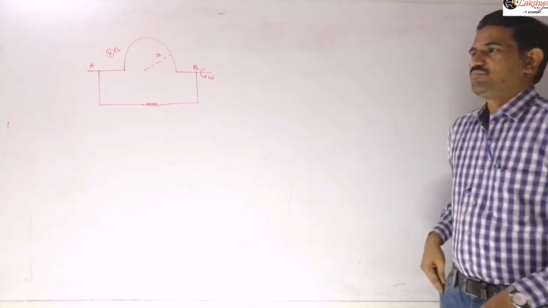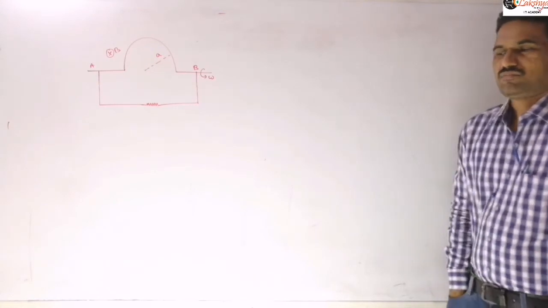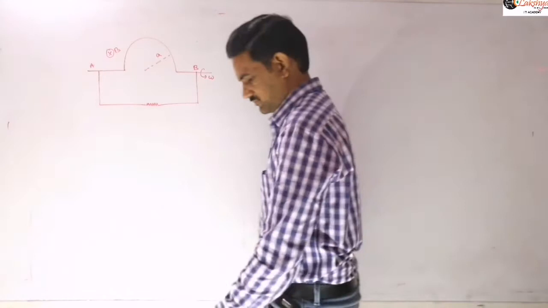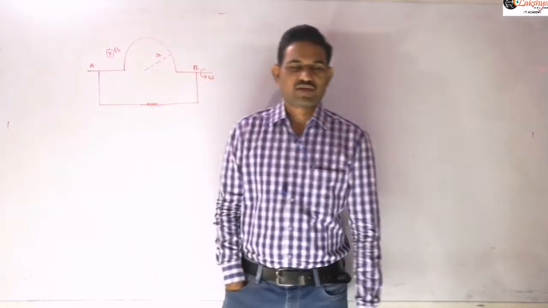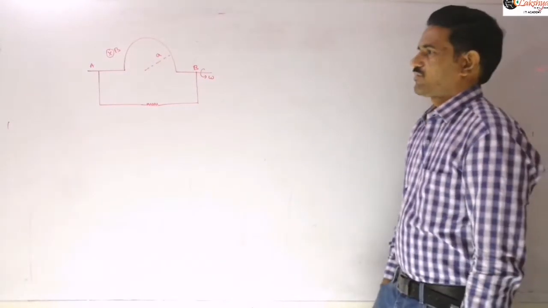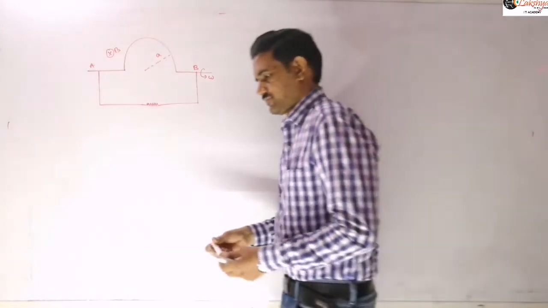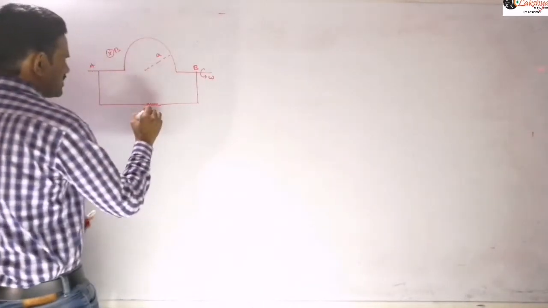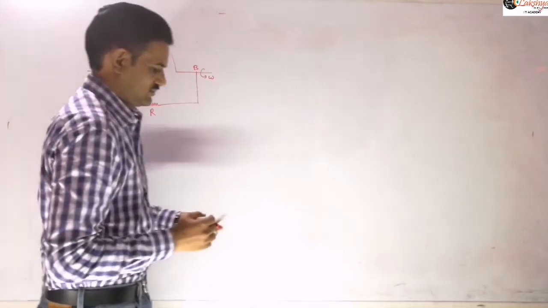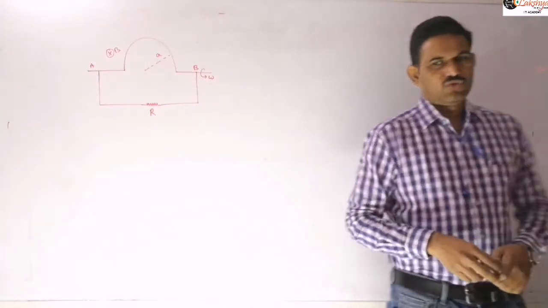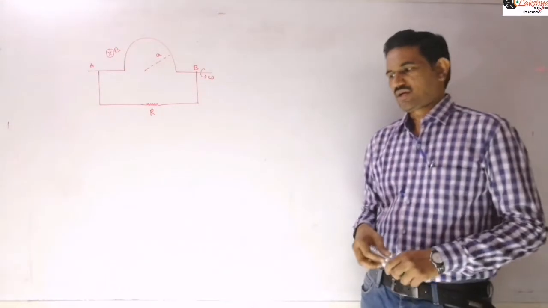A uniform magnetic field normal to the plane is applied. The only resistance in the circuit is R as shown.